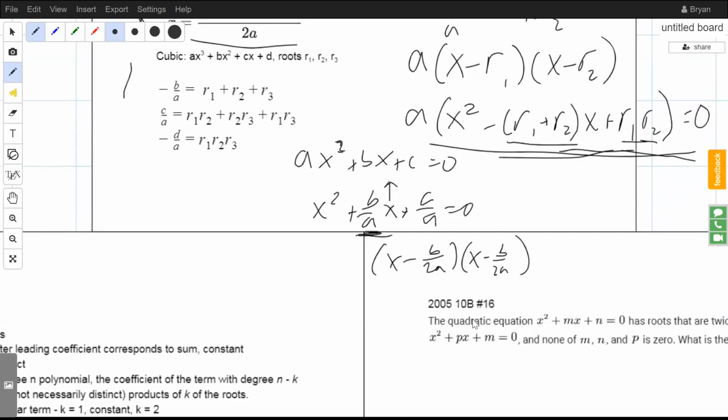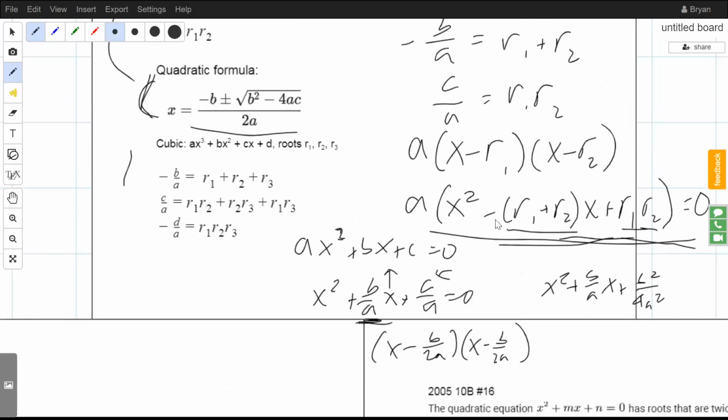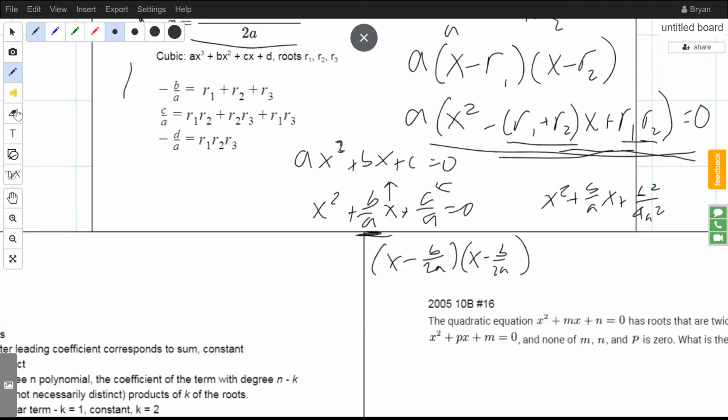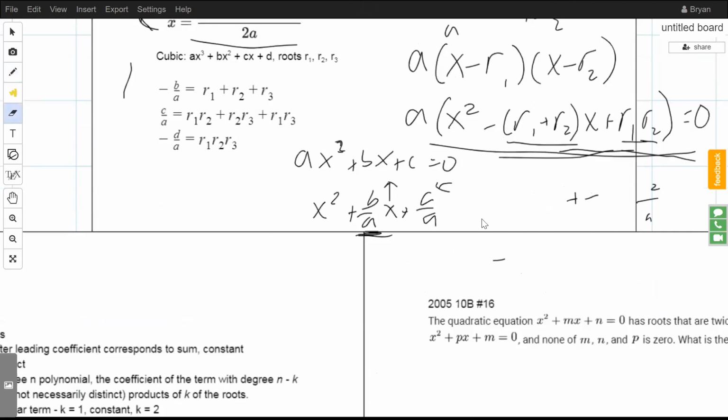And then when you multiply it, it's actually going to be x squared plus b over a x plus b squared over 4a squared. And basically, we can take this as a constant term, you add this to here, then you subtract it again. So then, let me rewrite this. This is sort of messy.